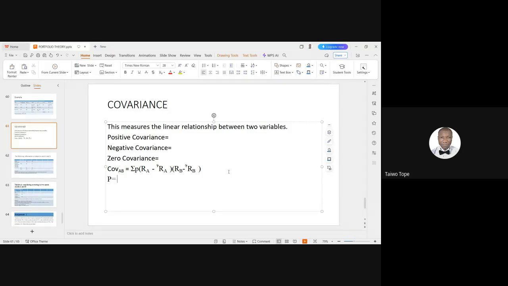So what is P? P is probability. What is your RA? Return on asset A. What is your RA bar?